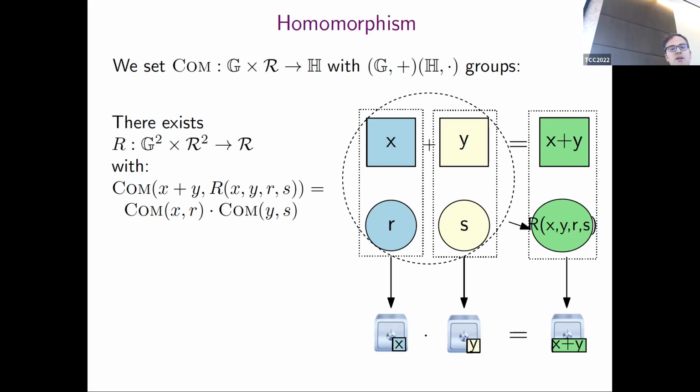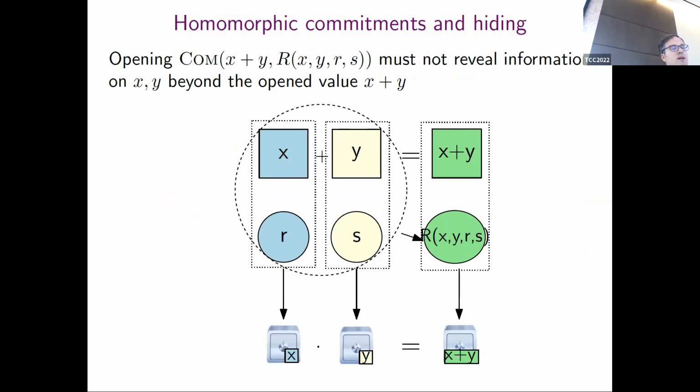The important thing here is that opening a sum of messages should only reveal the sum, but not more information about the individual messages. This is the important thing about the homomorphic property of the commitment.